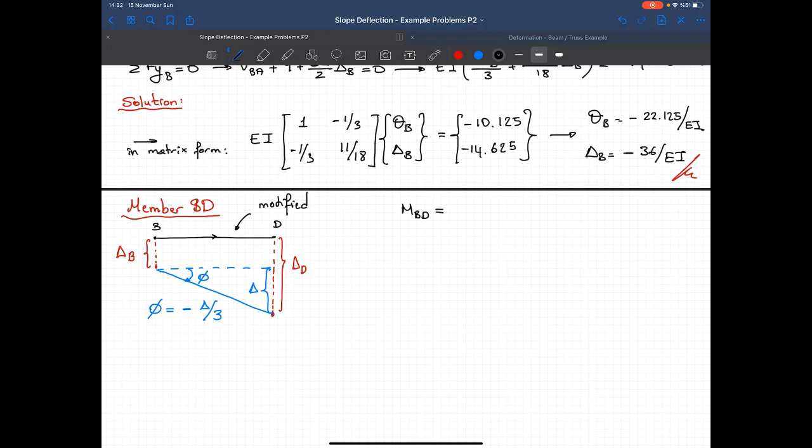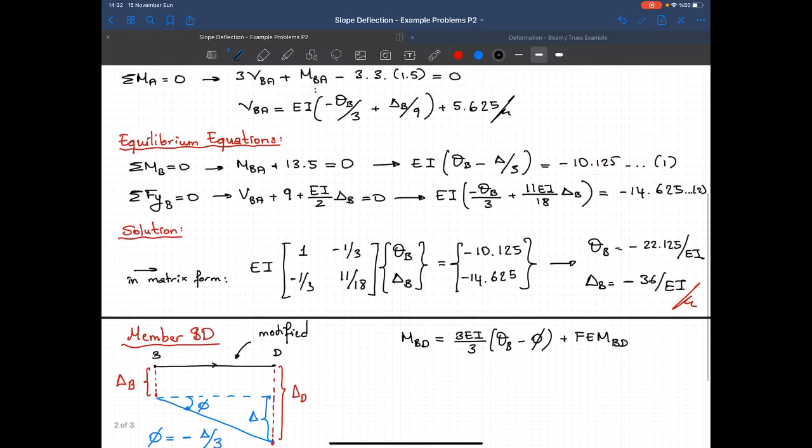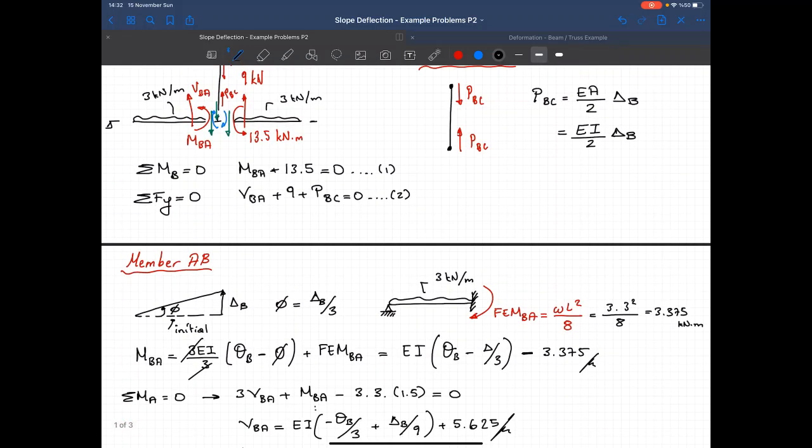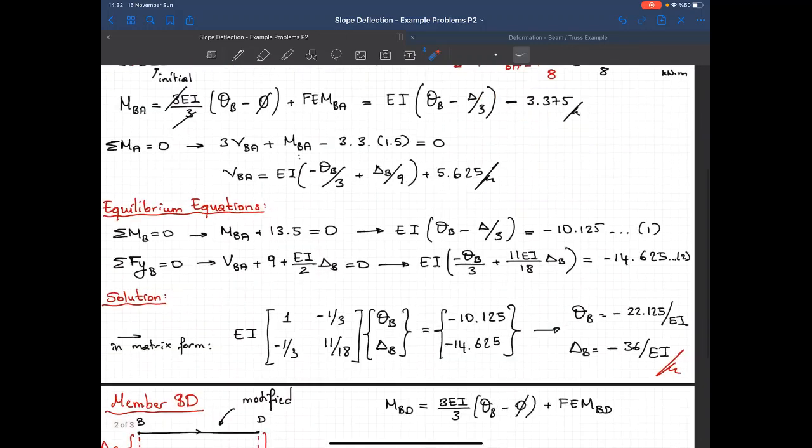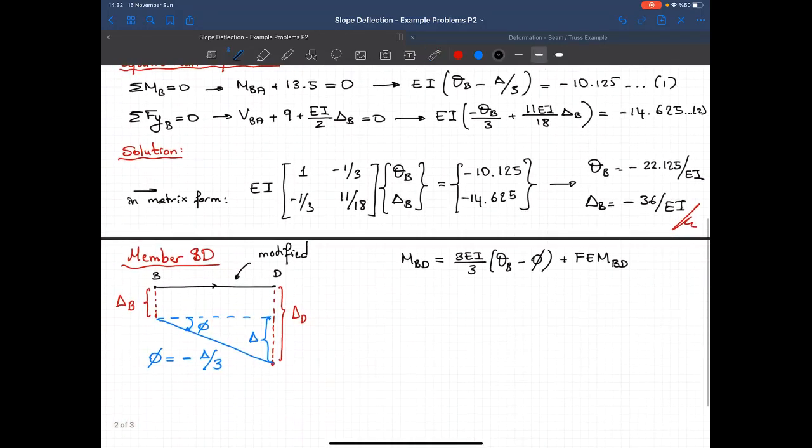So let's write it down. MBD is equal to 3EI over 3 times (theta B minus chord rotation) plus fixed moment BD. Now the moment BD, we already know what it is. It is 13.5 in the counterclockwise direction. These threes will cancel each other, EI.